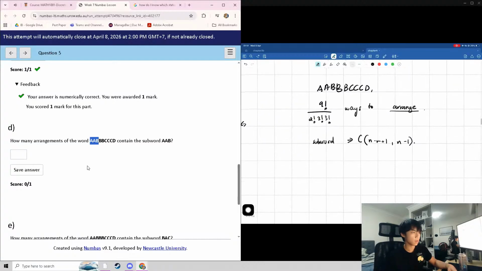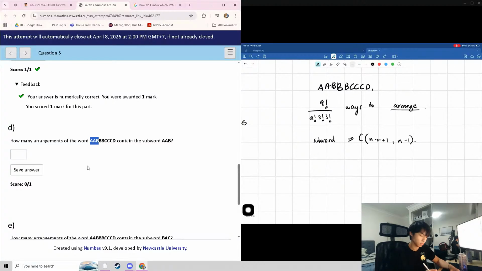We have that. Sorry, 1, 2, 3, 4, 5, 6, 7, 8, 9. So there's 9 elements. Trying to do AAB, minus 3 plus 1, 8. C, 7, choose 8, 0.